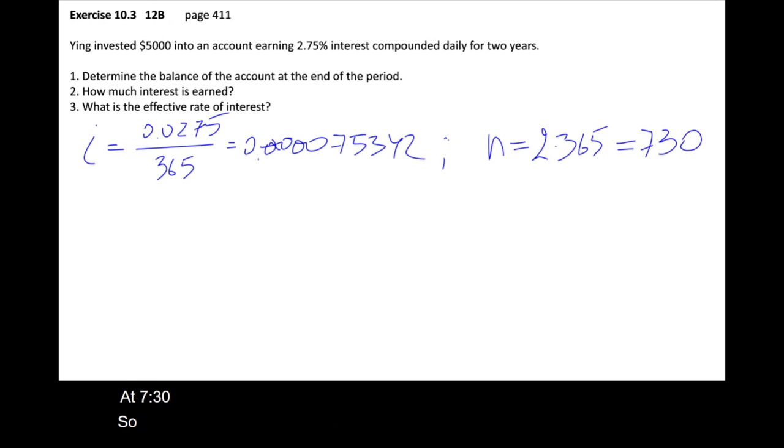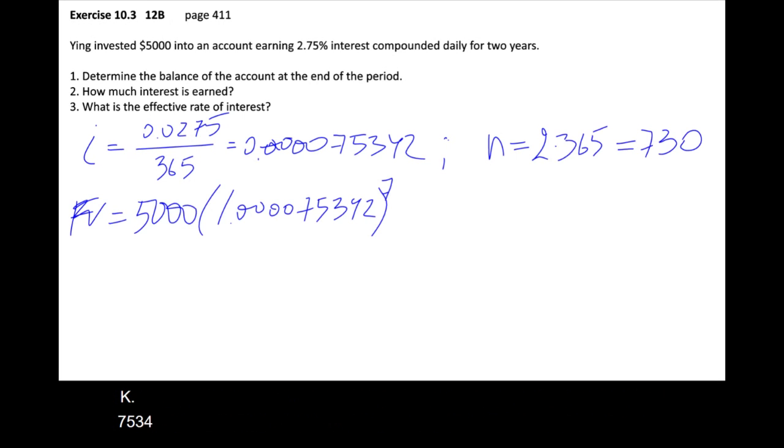So far, any questions, guys? Okay. 1.0075342 exponent 730.